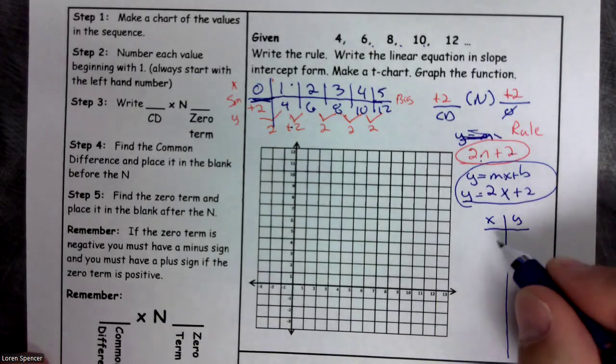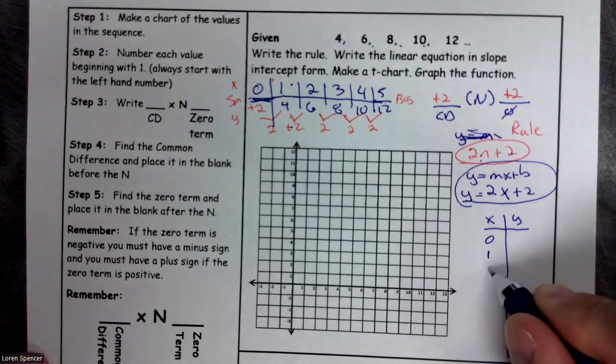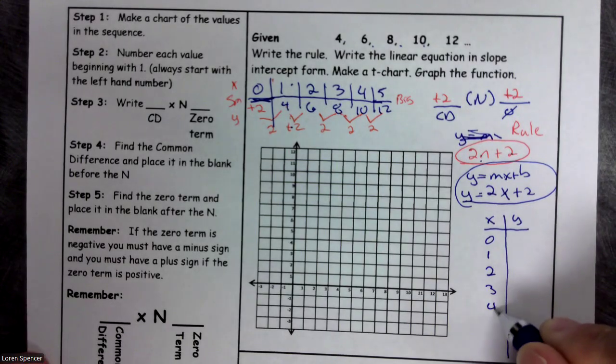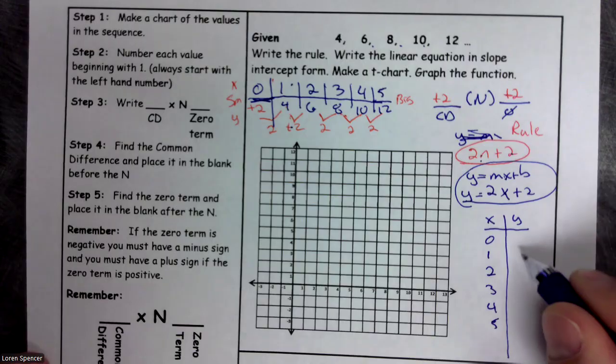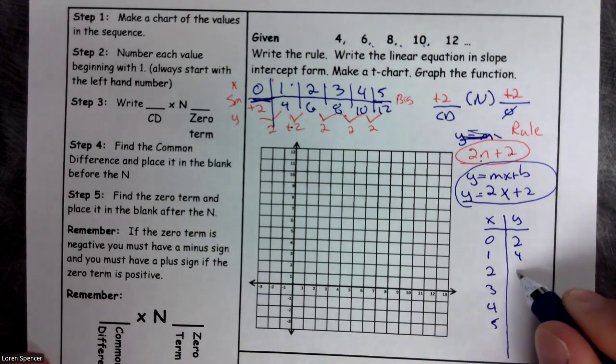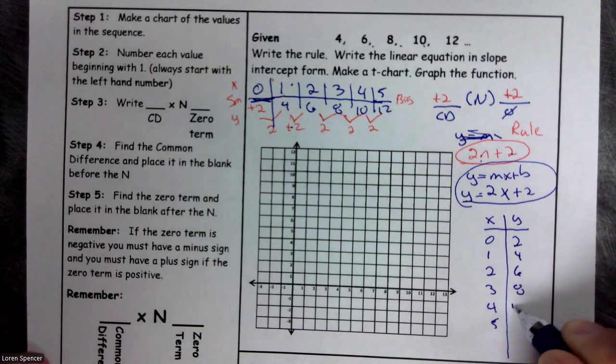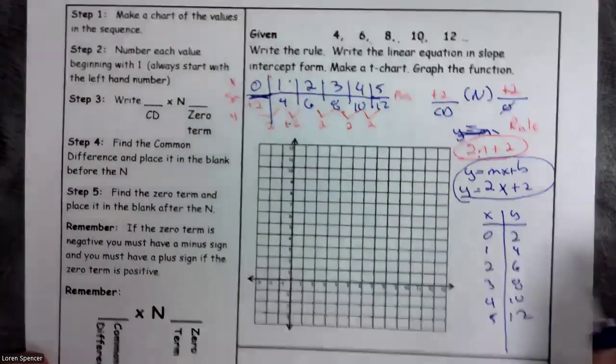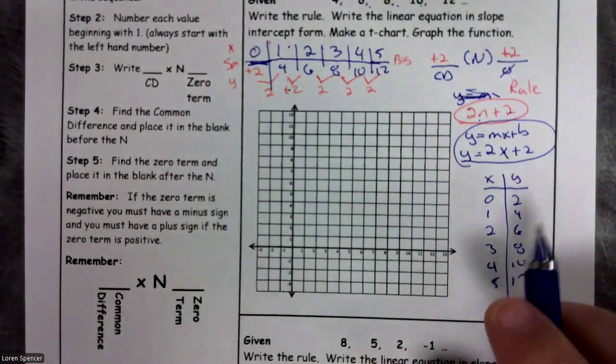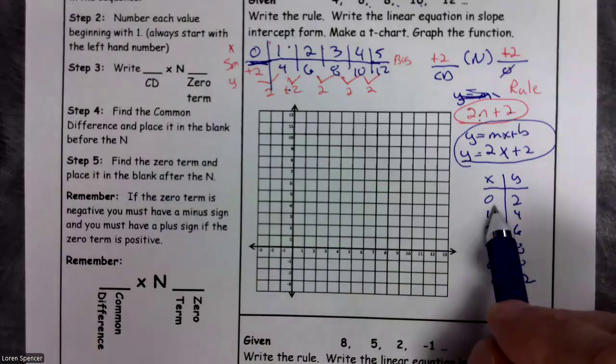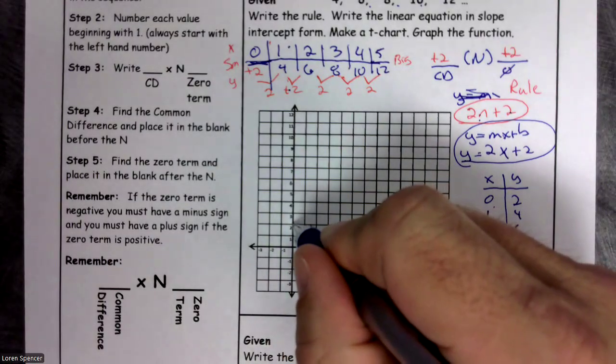And this is going to be simply x: 0, 1, 2, 3, 4, 5, and y: 2, 4, 6, 8, 10, 12. So let's graph those points. So at x equals 0, we have positive 2.